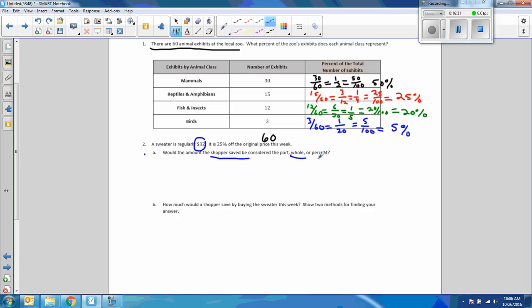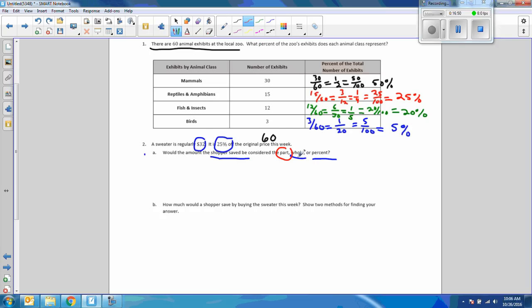The amount they saved is not the percent. The 25% is what we were given, the percent. So it has to be the part.